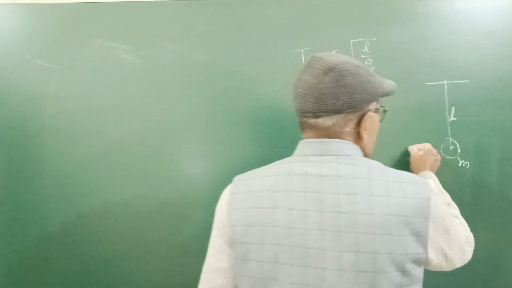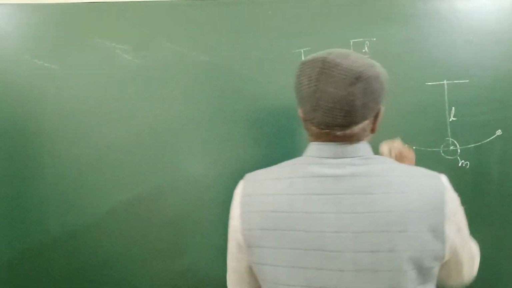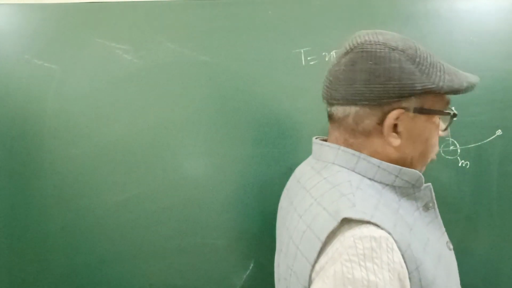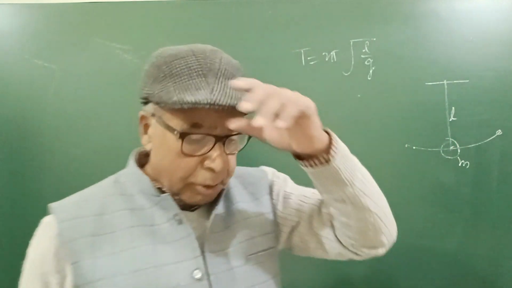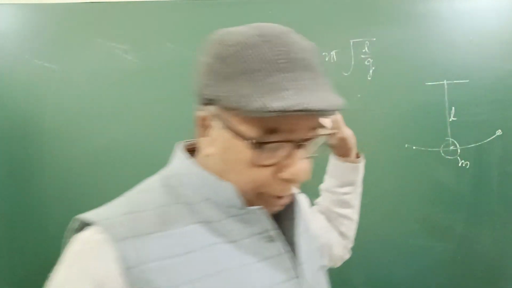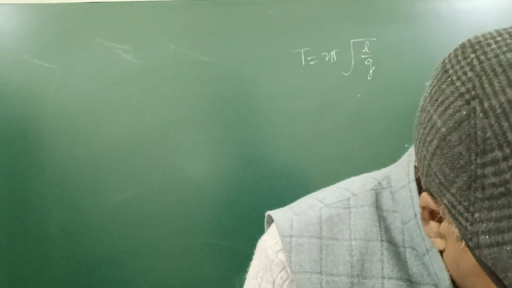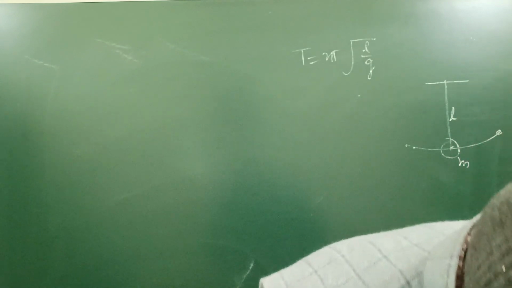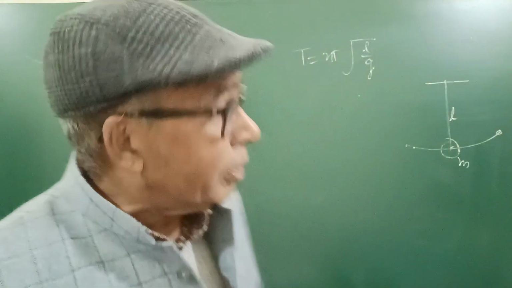If amplitude is increased, amplitude is not in this formula. So on changing amplitude, time period does not change theoretically. And then he asks you, okay, if the pendulum is taken to a place where the value of G is 0.8% more.